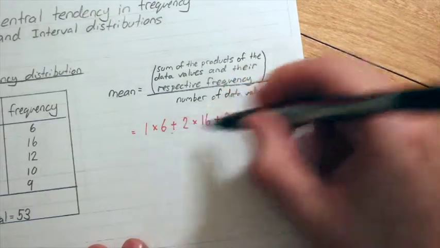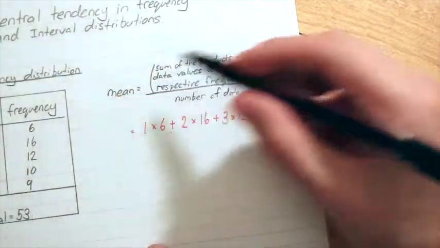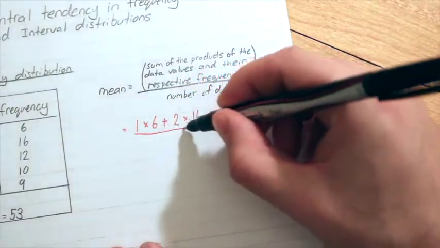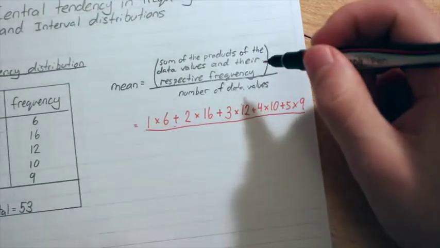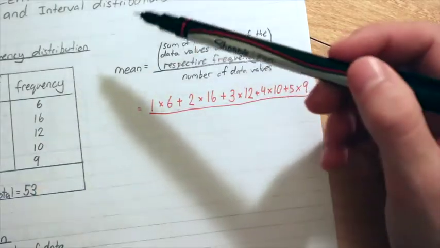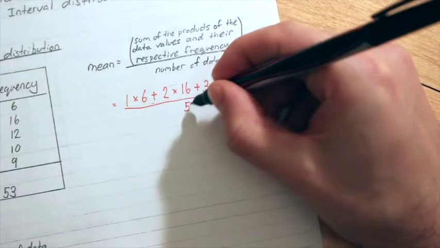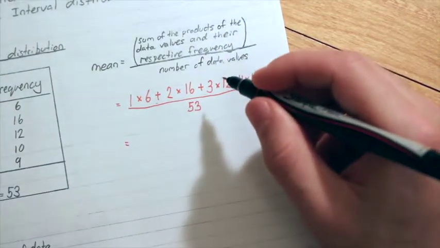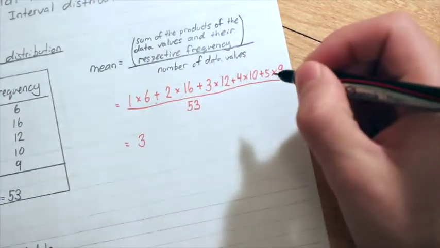That's our top. That'll give us our sum just like we would if we added up every single value in our list. Now we're going to divide that by the total number of data values. Again, we don't have to count individually, we just need to add up the frequencies. In this case, we added them all up and we get 53. If you punch this into your calculator, we find that the average is 3.